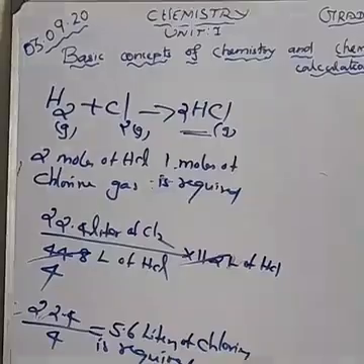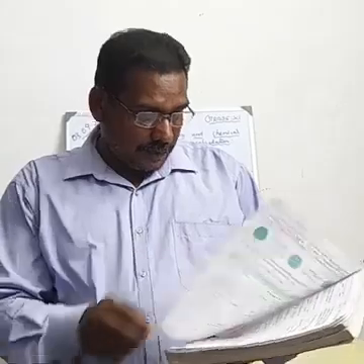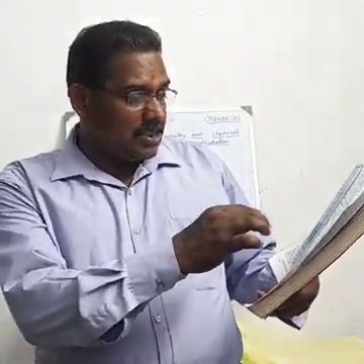Next one. Now, please all of you turn over the book, page number 13 and 14. First, page number 13, about the stoichiometry definition. In the middle of the page, they have stoichiometry.